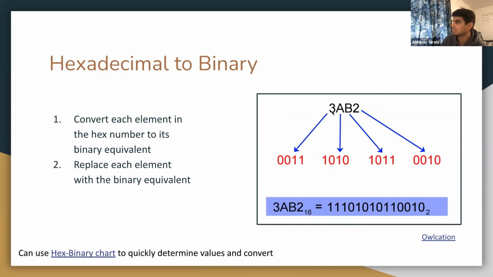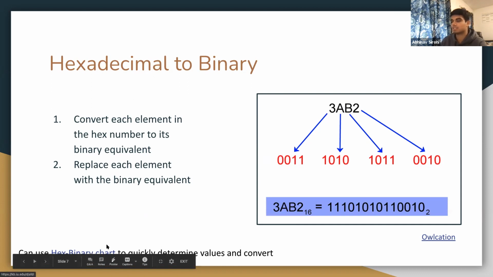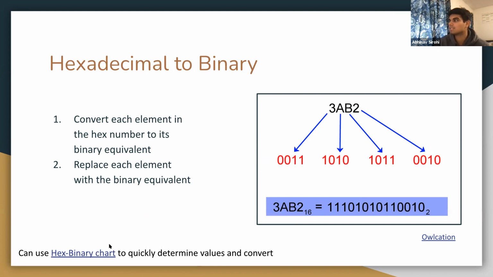And in place of the A, we write the 1010 that we calculated was its binary equivalent. That's basically how you convert them. If you have bigger values, you could use a hex to binary chart to quickly determine them, but it's only going to be up to 16, or F, or 15 I guess, so it shouldn't be too bad to convert it to the binary version.